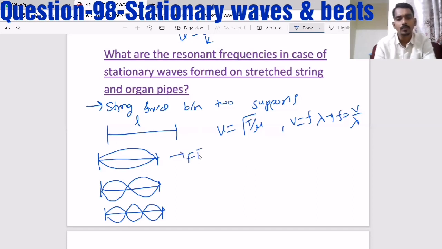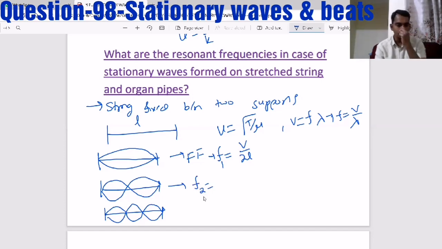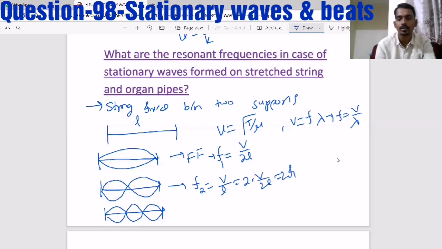One loop is called the fundamental mode, and the corresponding frequency is the fundamental frequency, where the length of the string is equal to lambda by 2, so f equals v by 2L. For two loops, the wavelength is exactly equal to the length, so f becomes v by L, which is 2f1. This we call the first overtone, or the second harmonic.